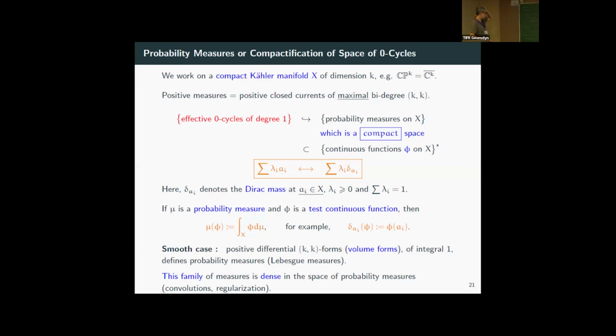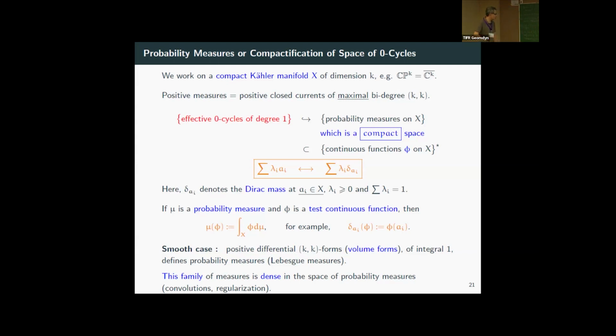By testing function, and okay, so as example, you have the Dirac mass. So if you have a Dirac mass at A and you want to test the function phi, you just have the value of phi at A. Okay, and another example is the smooth case. So you take a positive differential form, the volume form. Let's say volume form of integral 1.